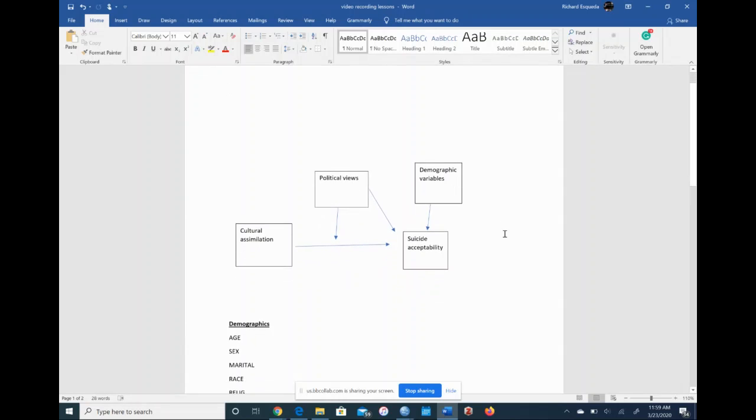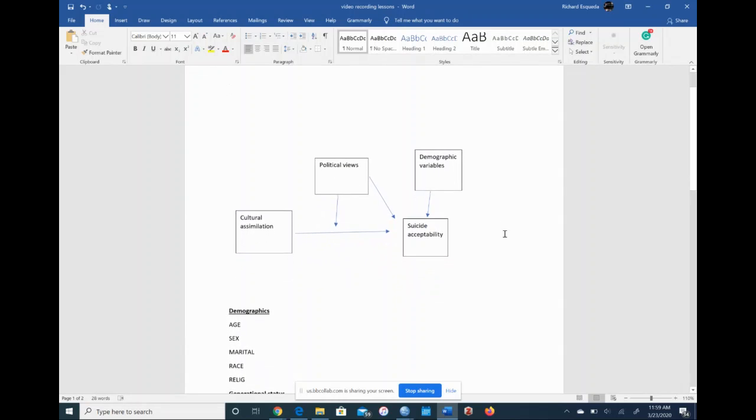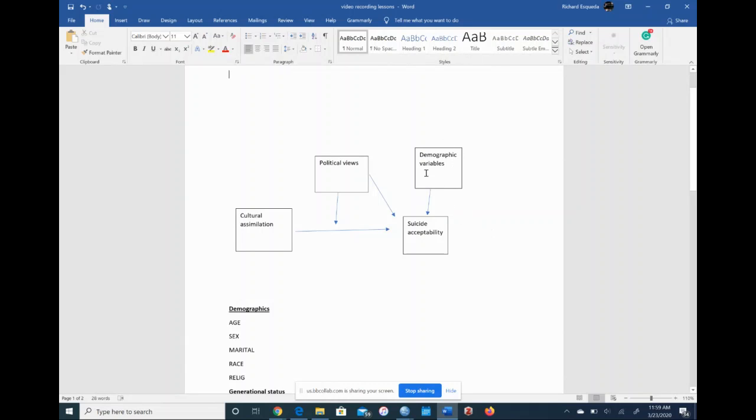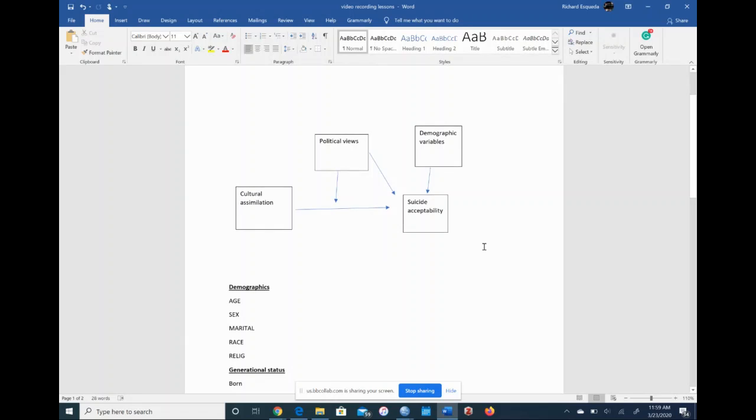So for my first concept, which is demographic variables, I searched the GSS for basic variables that are constantly used in the literature. So some of these variables include age, sex, the marital status of the respondent, the race, the religion.